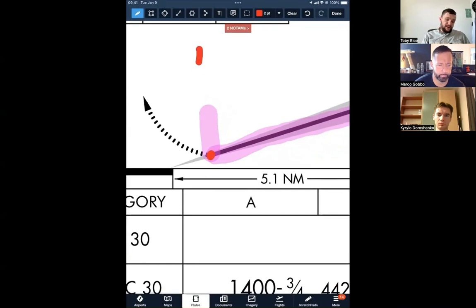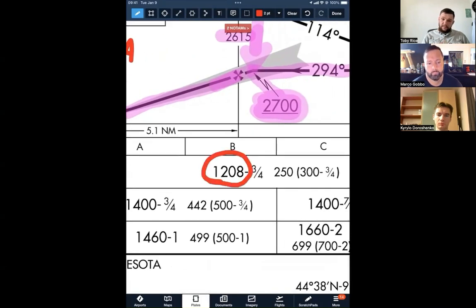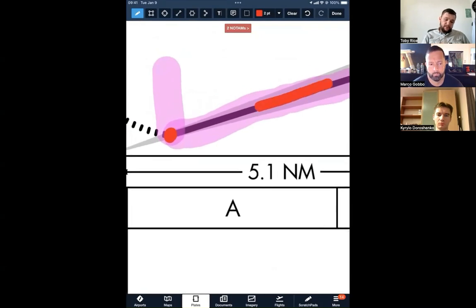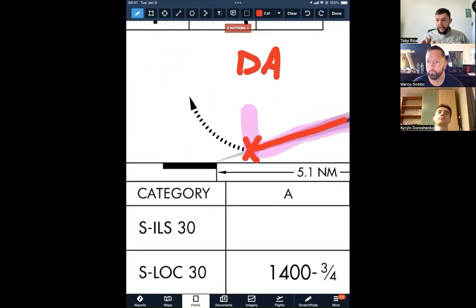That is your decision altitude on the ILS, which comes out to being 1208. So when you hit 1208 on the glide slope, it is now time to either land or execute the missed approach procedure. Fair enough? Cool. That's how you fly an ILS.